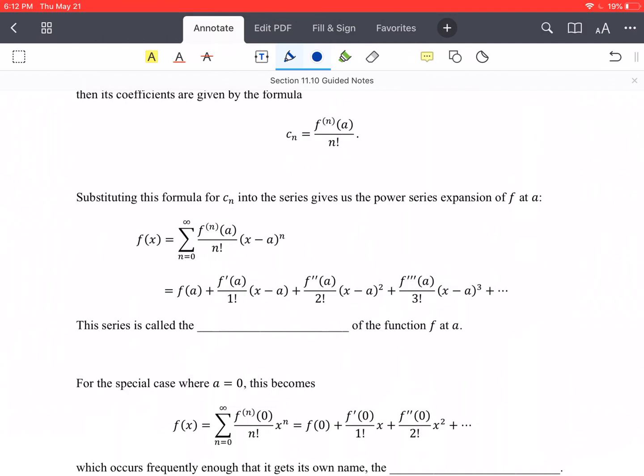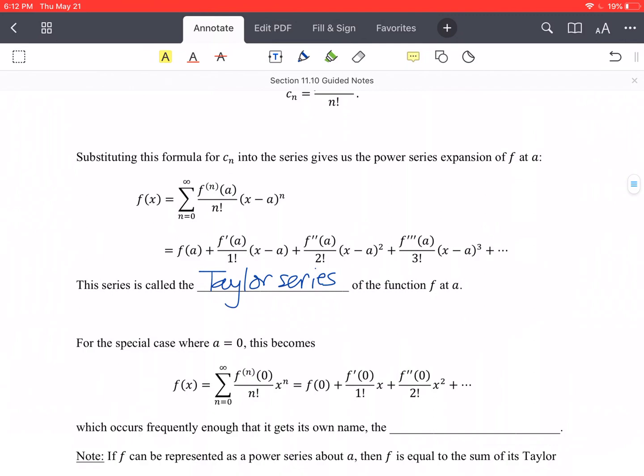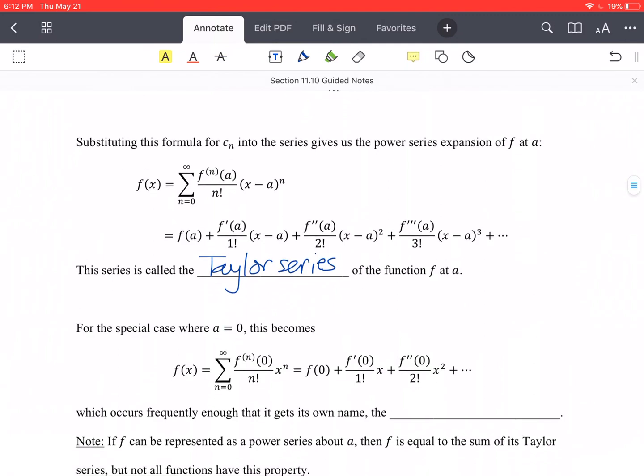This series is called the Taylor series of the function f at a. All right, so the Taylor series of the function gives us this series of terms with the derivative values and the factorials instead of the arbitrary c sub n values.